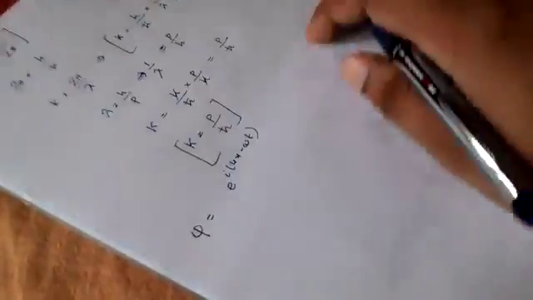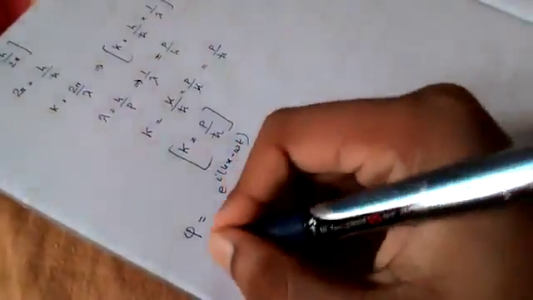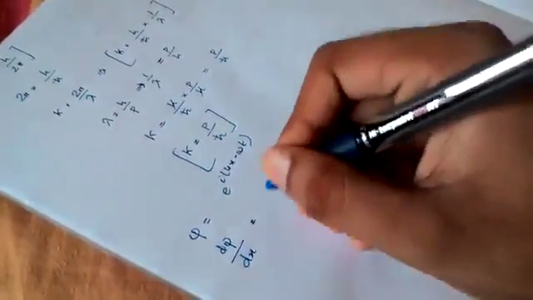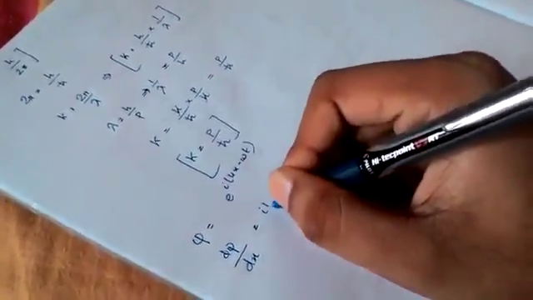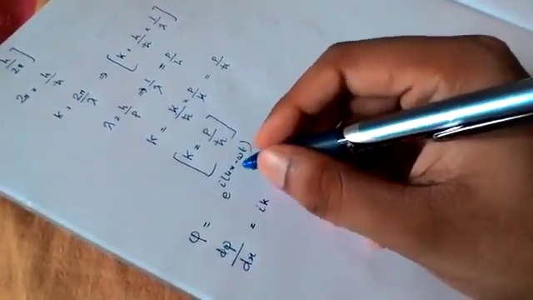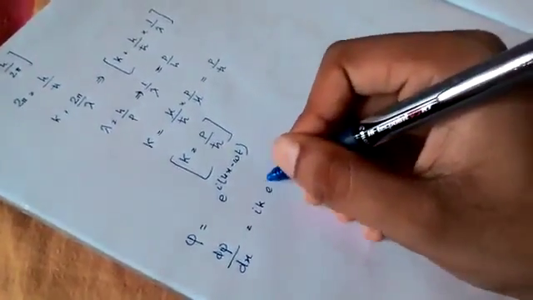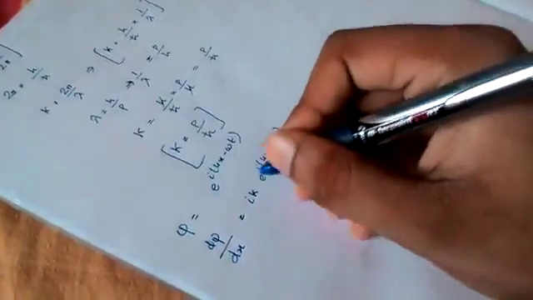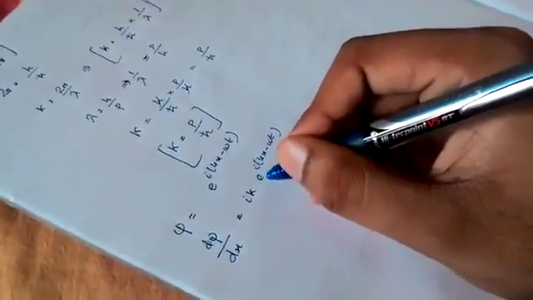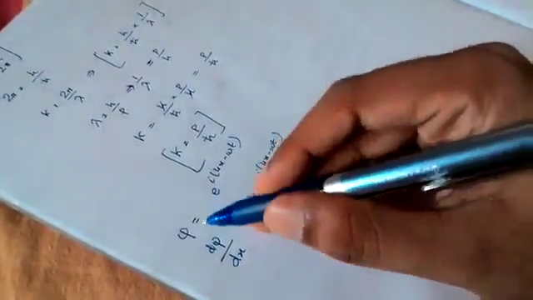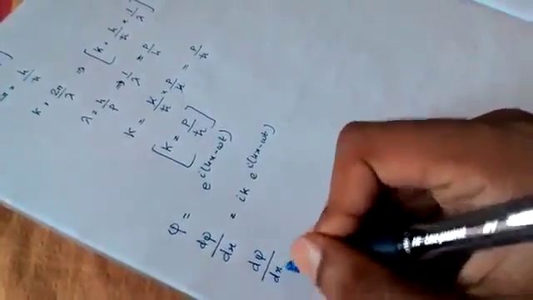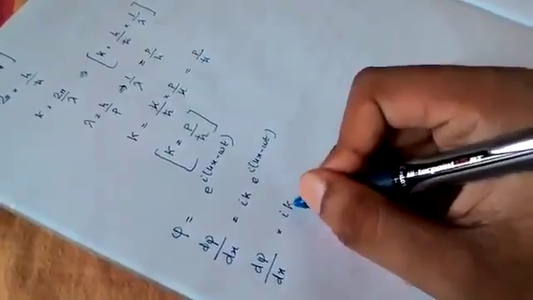So taking the derivative of this function with respect to x, d psi by dx equals i k into e raised to i(kx minus omega t). We know that e to the power i(kx minus omega t) is psi, so d psi by dx equals i k psi.